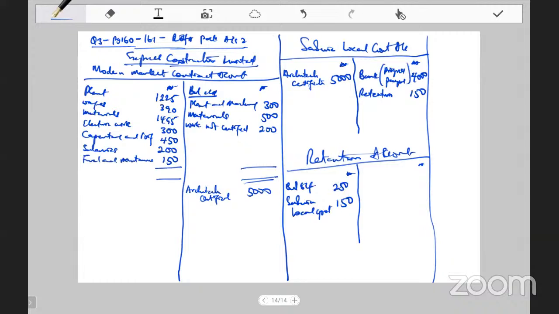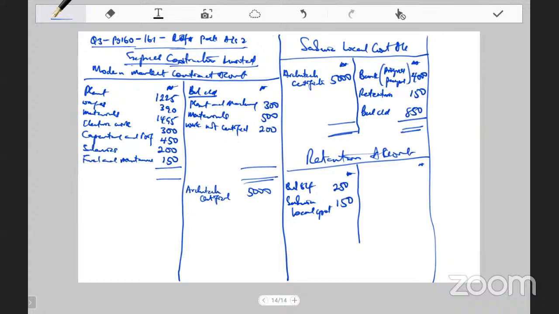They said progress payment receivable. That is the balance that we're having. We don't even need them to tell us that. We should know it. What is the next thing?